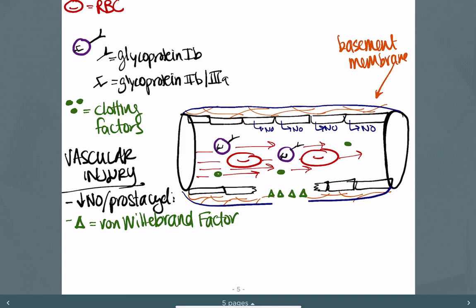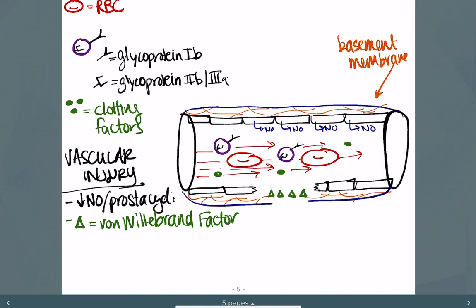Its main function in life is to bind other proteins. So it's got a really important job right underneath those endothelials normally. In the subendothelial region, it actually binds the endothelial cells to the collagen of the outer wall. So it helps hold the wall together. So von Willebrand factor's job is binding cells together.